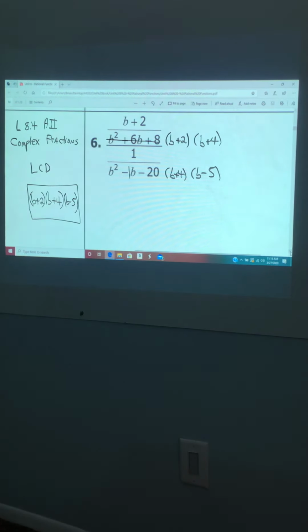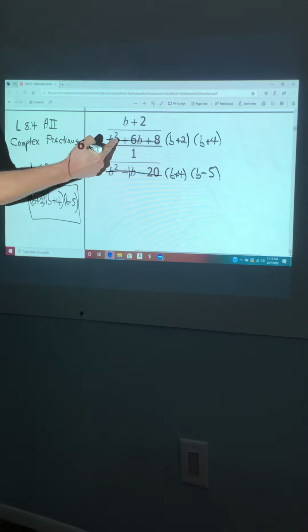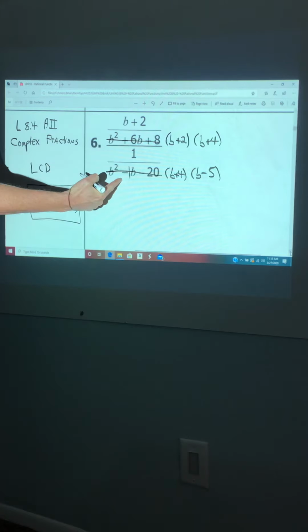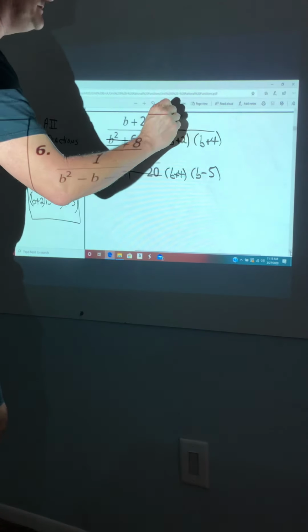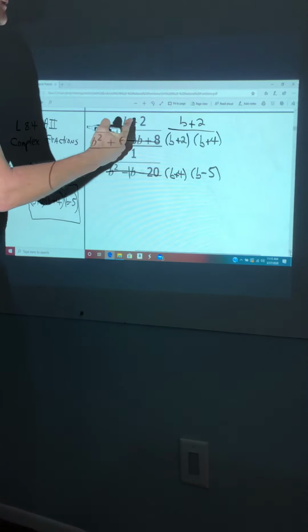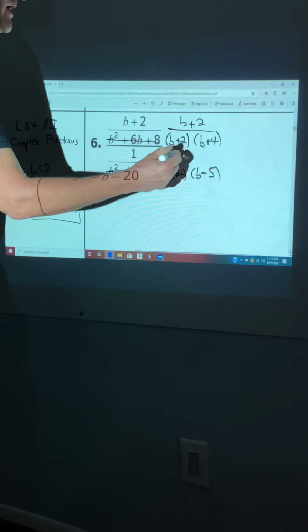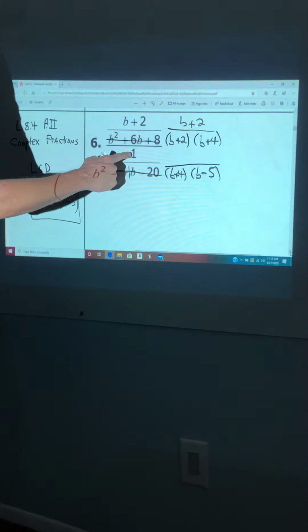So probably the best way to say it in English is we're focused on the denominators of the top fraction and the bottom. You're going to factor those denominators, and for finding the LCD, you just include all factors that you see, okay? Once we've done that, let me go ahead and rewrite this. I'm just rewriting the original numerator. We already factored that. Let me go ahead and slide in that 1 right here.